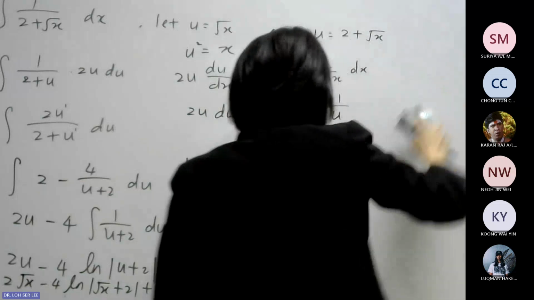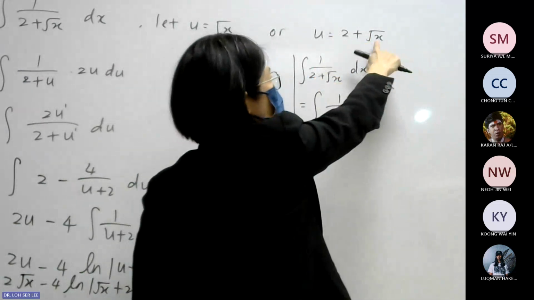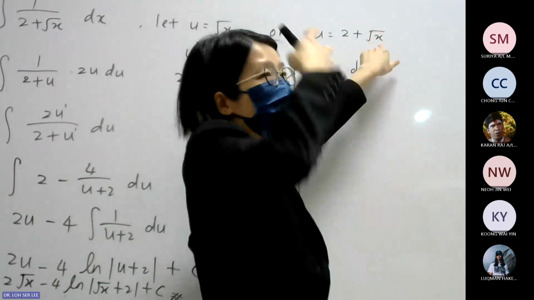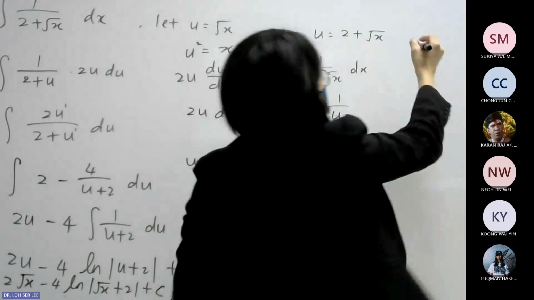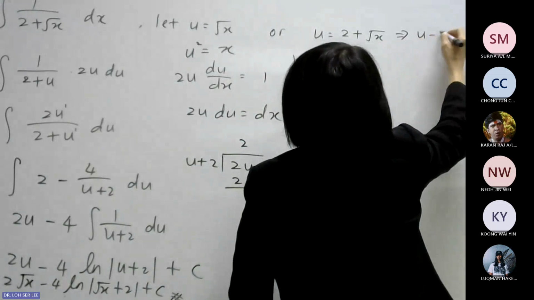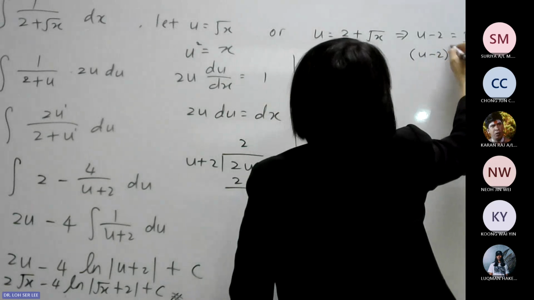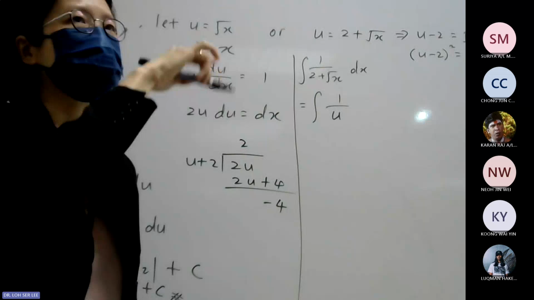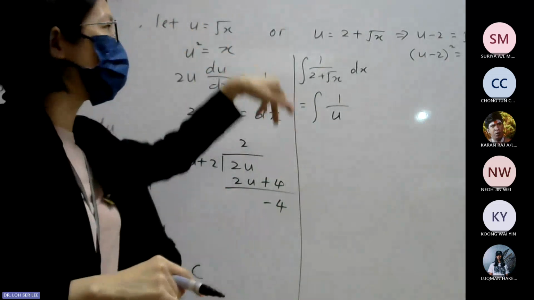We do not want to find du dx directly because of this root x. When you differentiate this one, you get the power of negative half. So you can do this first: u minus 2 equals root x, and we square both sides, because we want to avoid having 1 over root x after the differentiation.